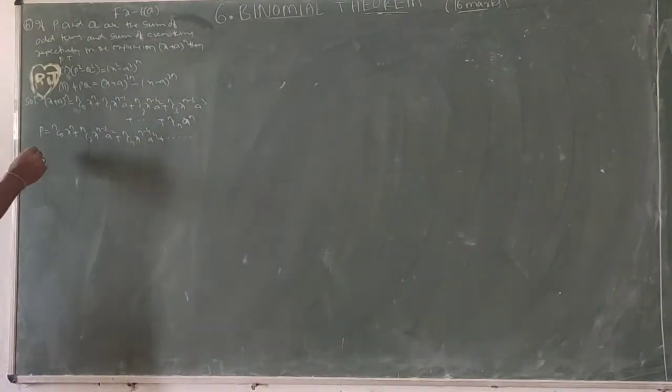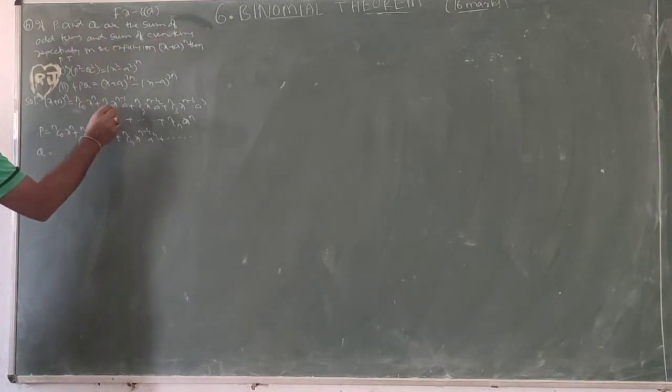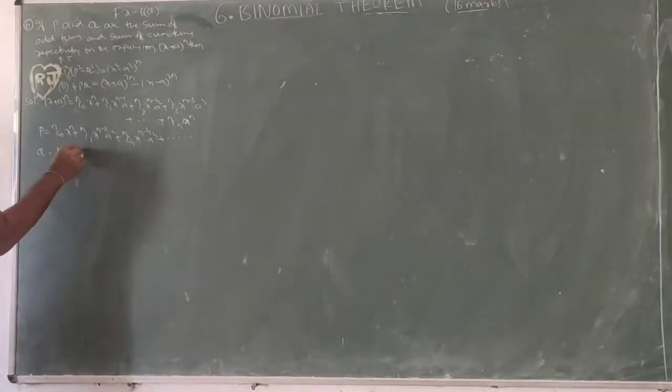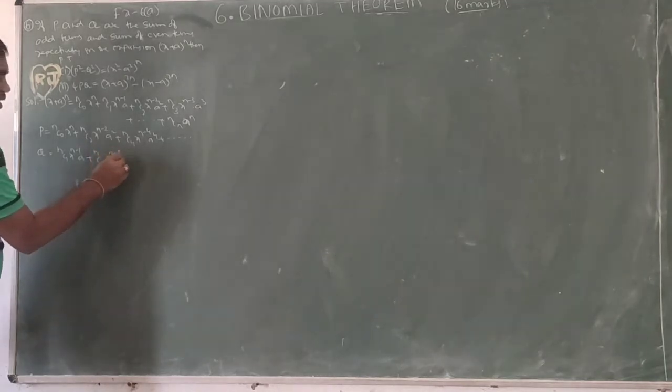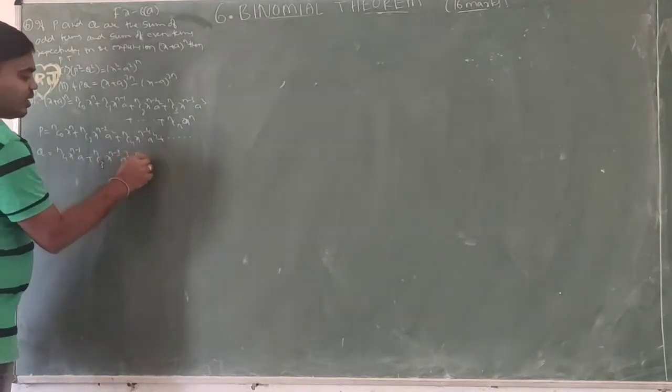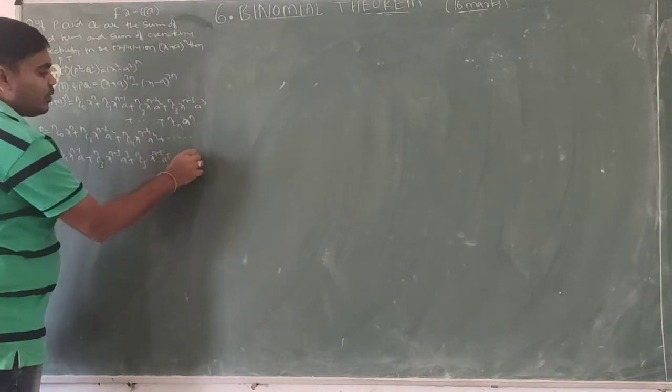Next q are even terms. First, second, nc1 x power n minus 1 a, nc3 x power n minus 3 a cube, nc5 x power n minus 5 a power 5 plus up to so on.